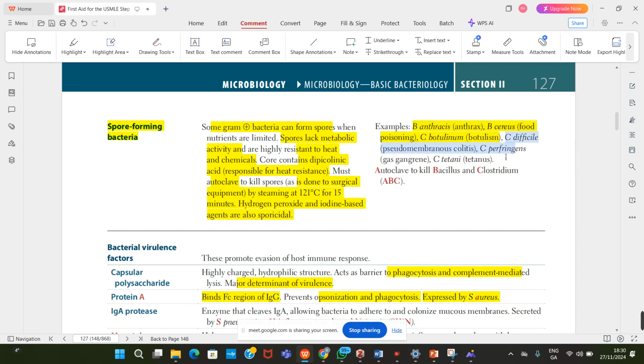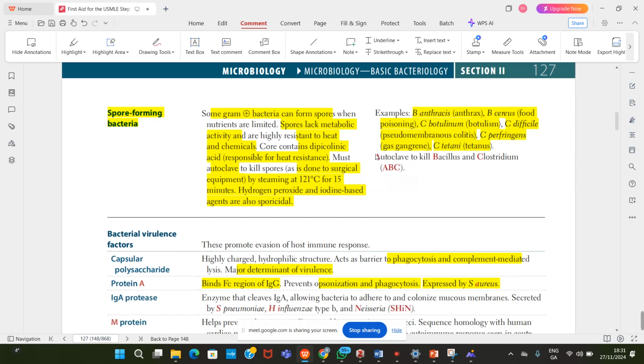Clostridium difficile causes pseudomembranous colitis. I know we are familiar with that. Clostridium perfringens causes gas gangrene. We mentioned that in dermatology. And Clostridium tetani causes tetanus. So all the Clostridium and all the Bacillus produce spores, and you need to autoclave them to kill them off, or you apply hydrogen peroxide or iodine.